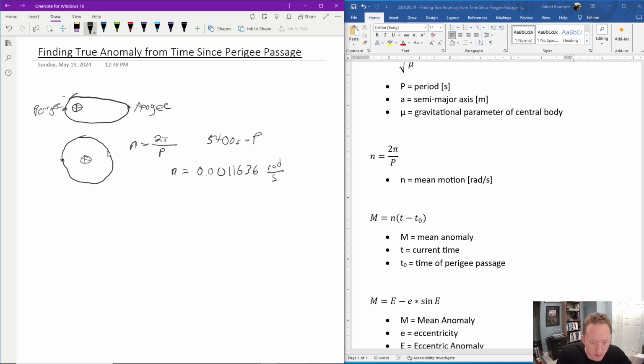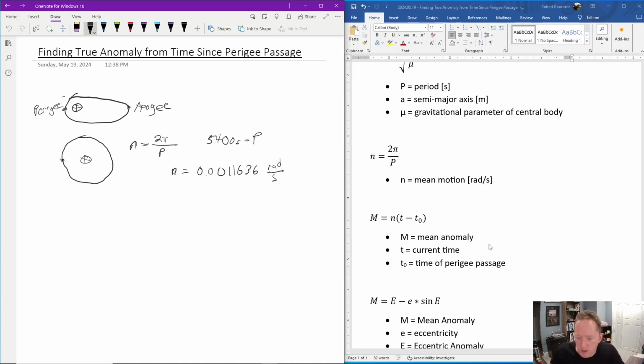Well, in this eccentric orbit, you're not moving that speed the whole time, but on average, that is the speed you're moving because your period is what it is. So that mean motion is going to be an important parameter for us.